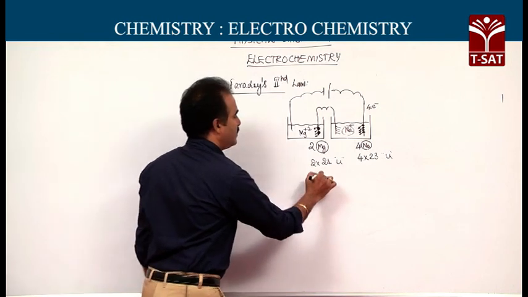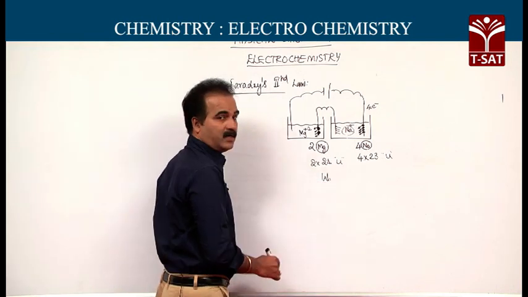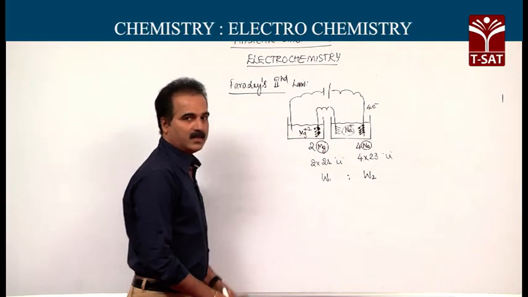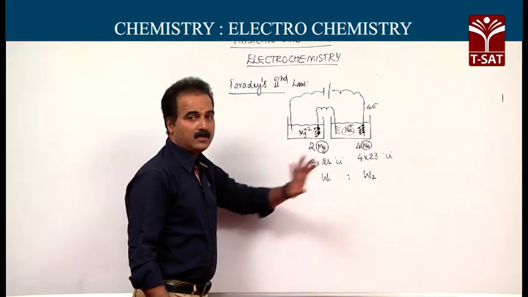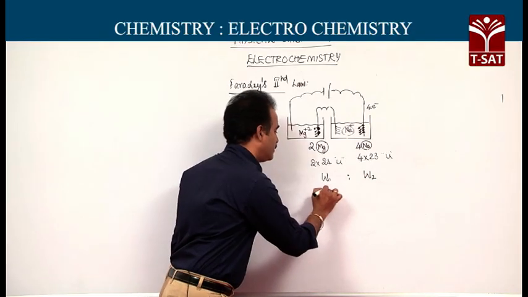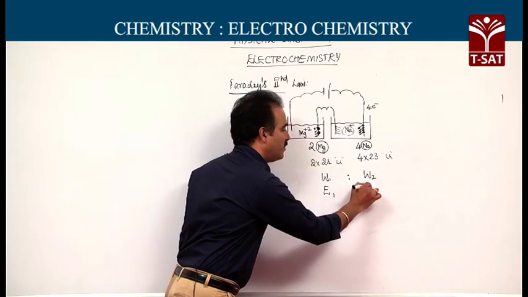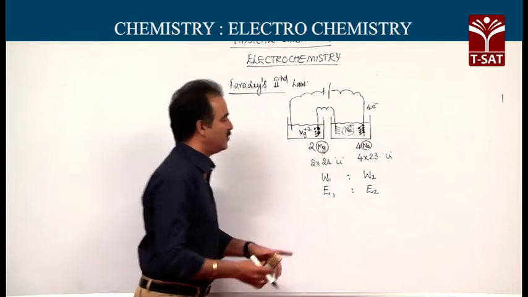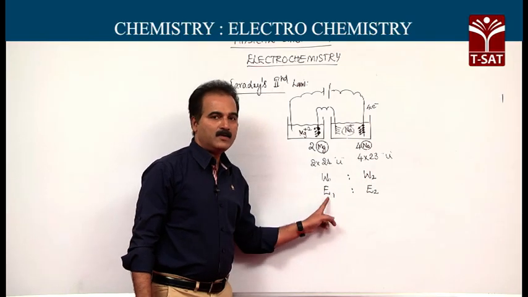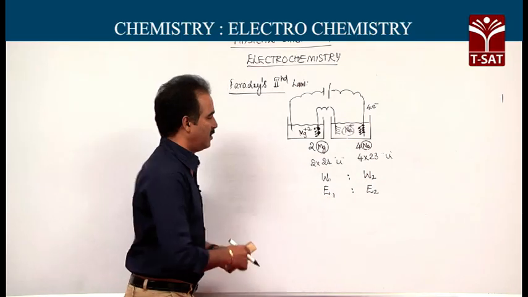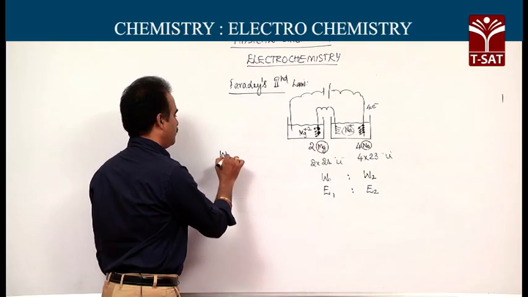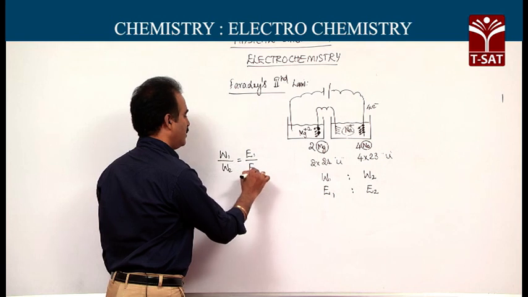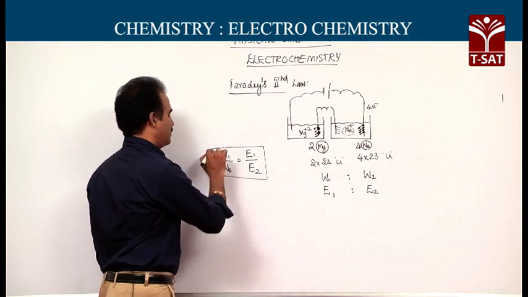That means the weight of the magnesium deposited is to the weight of the sodium deposited, in the ratio of their equivalent weights. So, W1 is to W2 is equal to E1 is to E2, or else W1 by W2 is equal to E1 by E2. This is Faraday's second law.